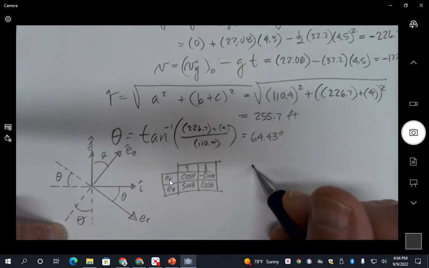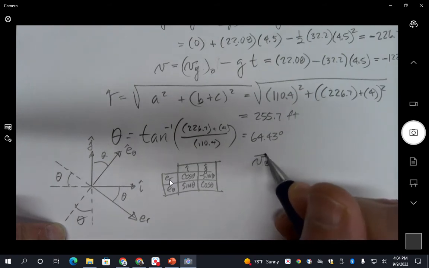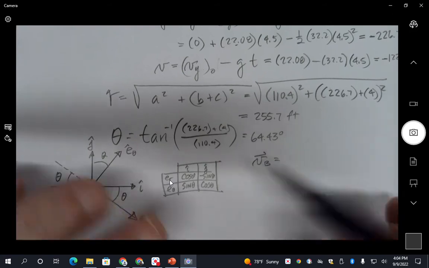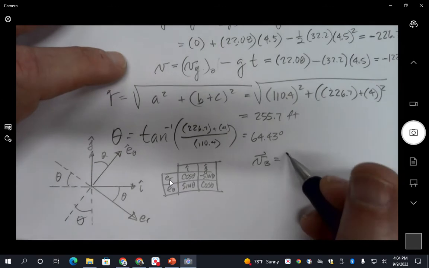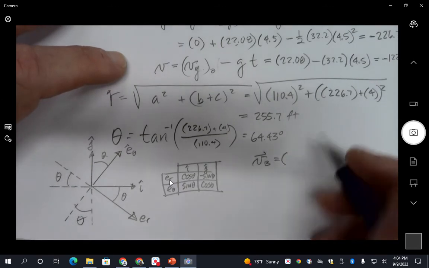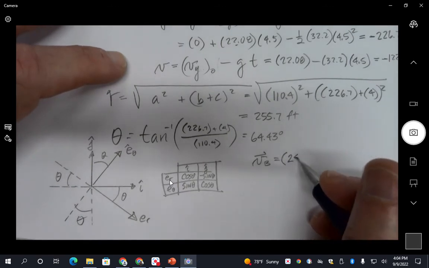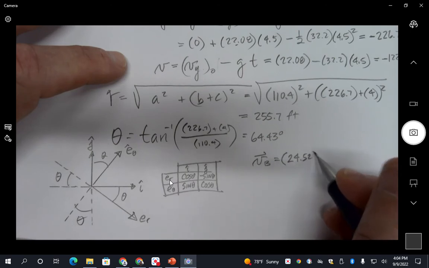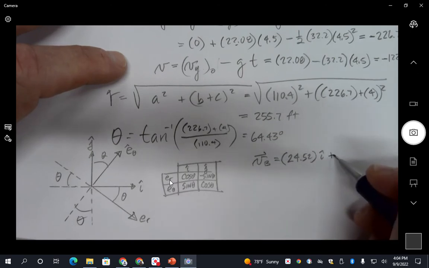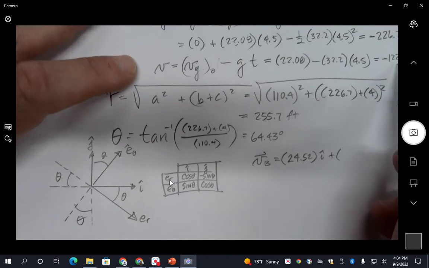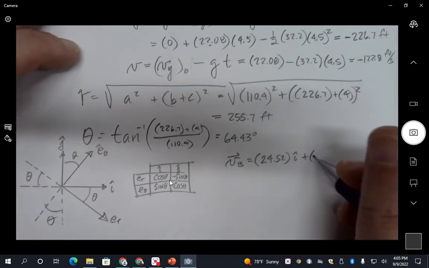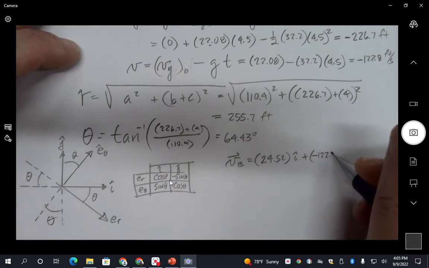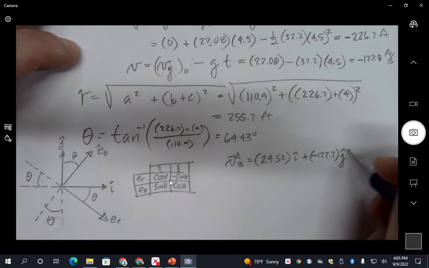So for my VB, for the ball, I could have done these in any order, but I know the X is constant, so the initial is 24.52 I, and the final, that was the negative 122 feet per second.